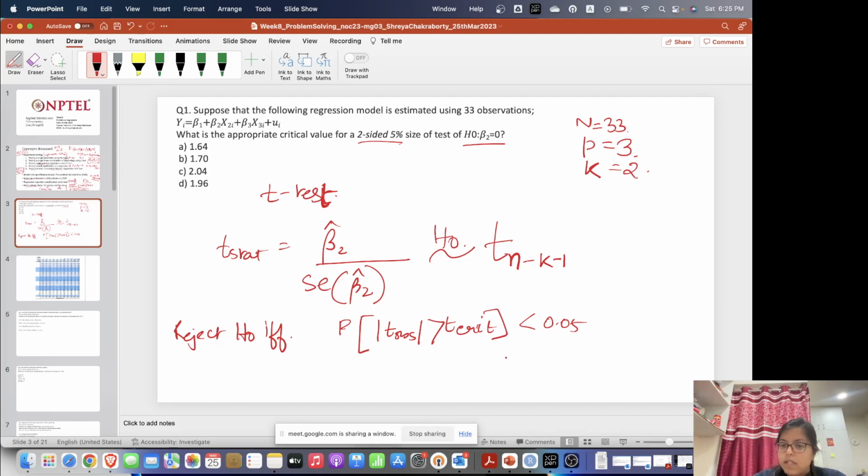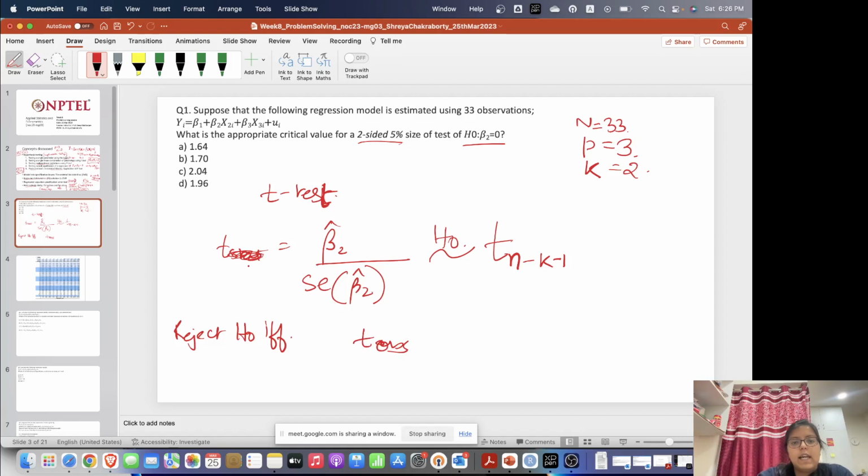So what I was saying, this is the p-value format. We would reject if t observed or t stat is extreme. There are two ways to go about this: either we can follow a p-value approach or we can follow a critical value approach.